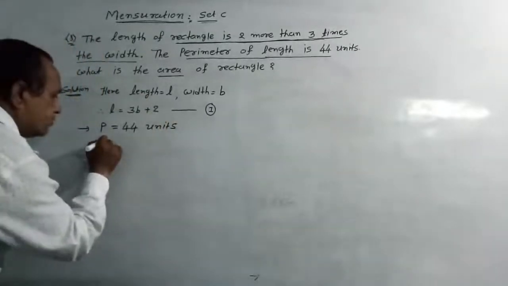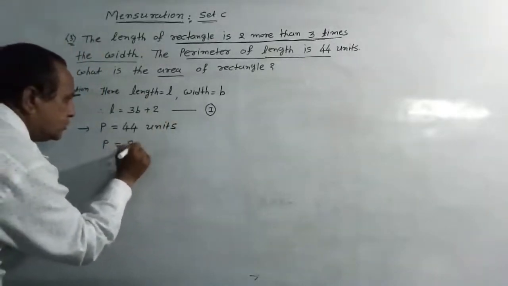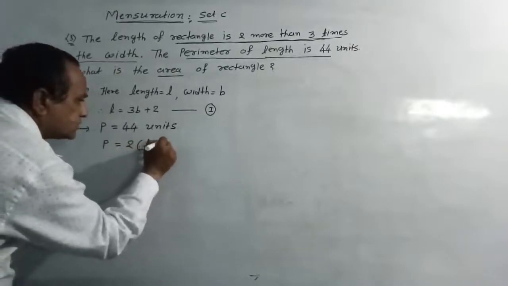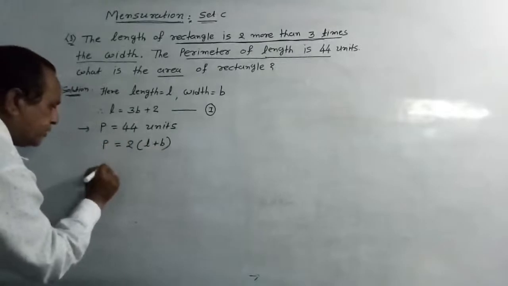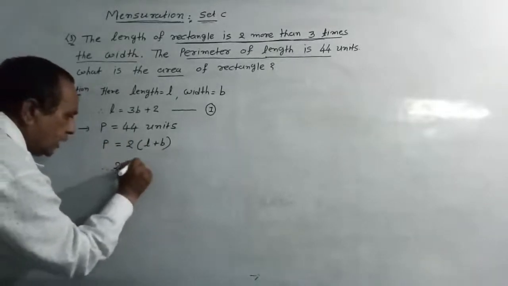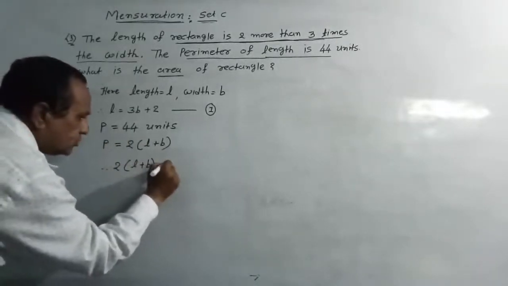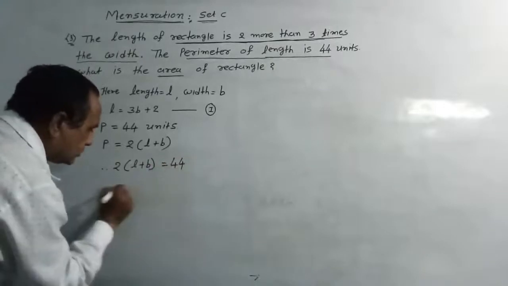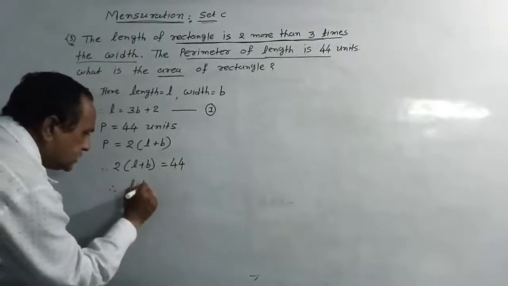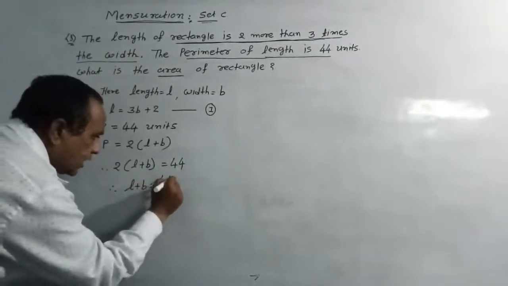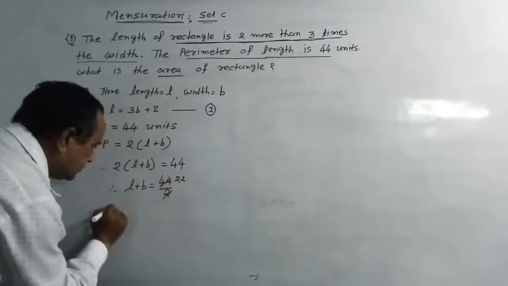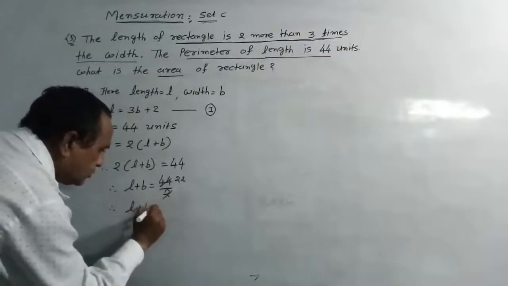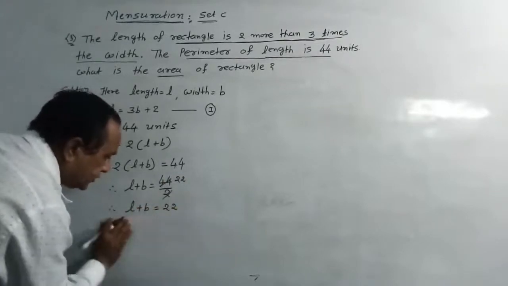Now here formula of perimeter is 2 times L plus B. So put the value of perimeter, then 2(L plus B) is equal to 44. So L plus B is equal to 44 by 2, that is 22. L plus B is equal to 22. This is equation 2.